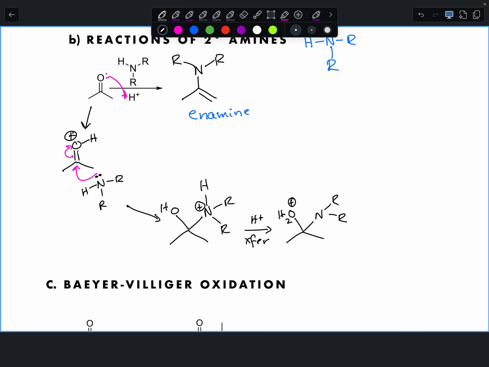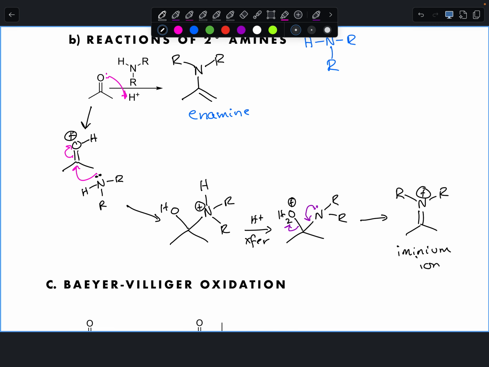The question is, which of the carbons next to the carbonyl carbon is the most substituted? This one to the left or this one to the right? Orange or red? Which one's more substituted? The orange or the red one, yeah. So this is the one that's most substituted.